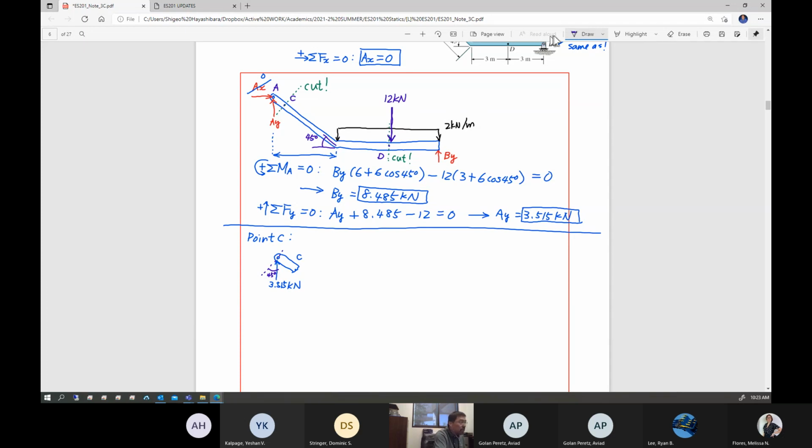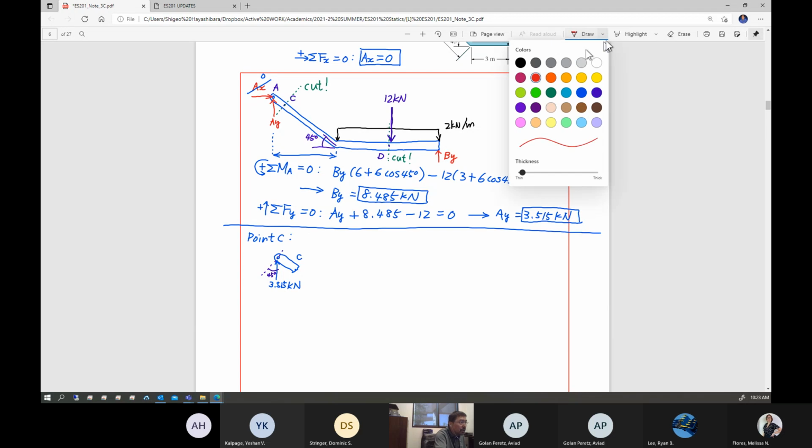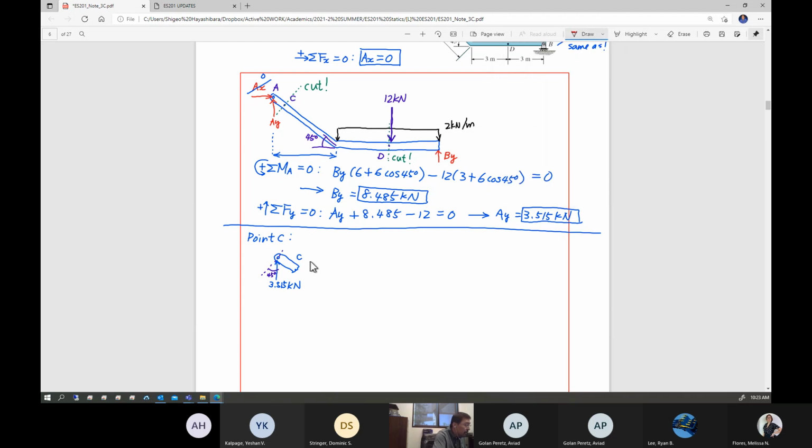And three unknowns are introduced here: shear force BC, normal force NC, and internal bending moment MC. Three unknowns introduced. So we are going to find out those three unknowns.